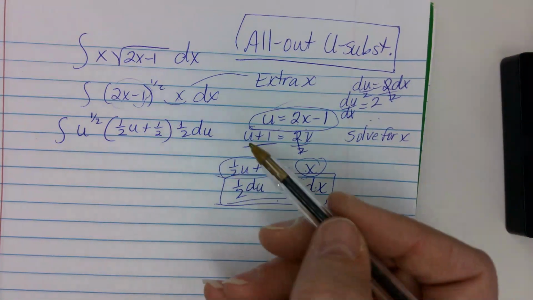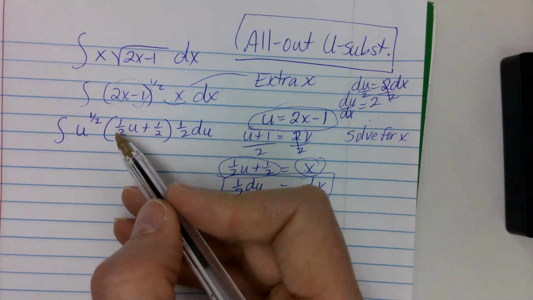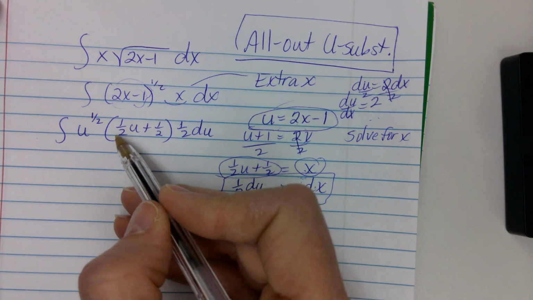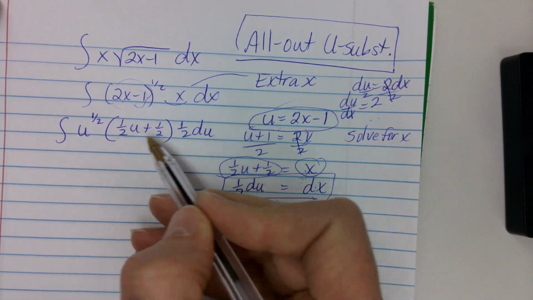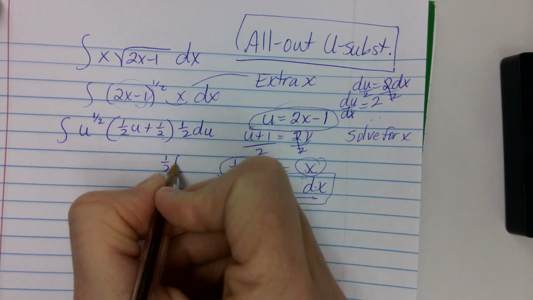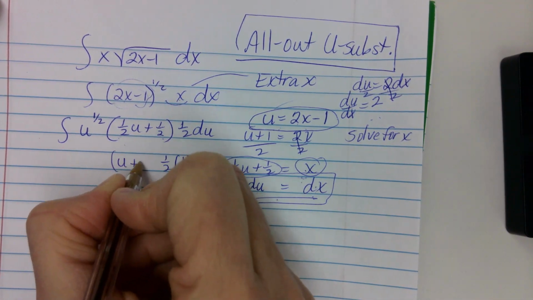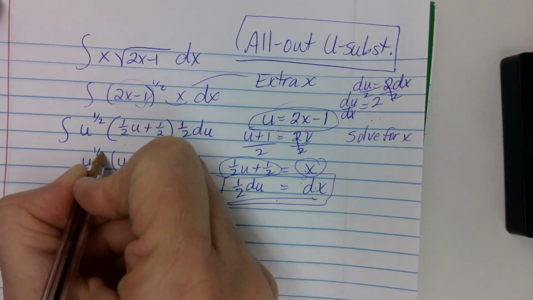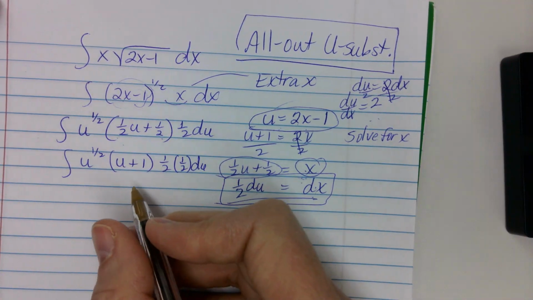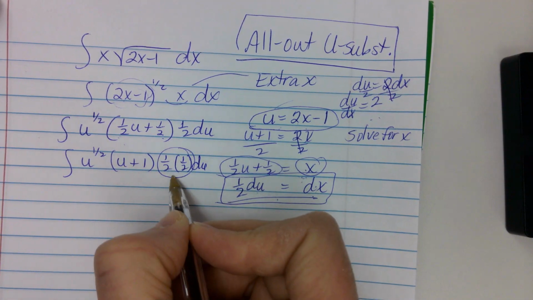So now, there's a couple things going on here. What can come out of these two? A 1/2. And I'm left with a u plus 1. I don't have to do this step. I was just thinking 1/2 times 1/2 is just a constant, right?